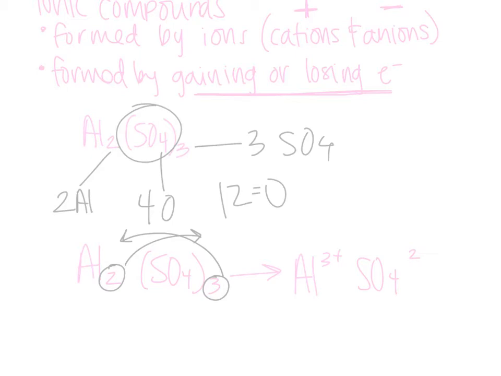So if you flip over your handy dandy periodic table, you'll see the important polyatomic ion chart. And if you go down to the 2s, you will see SO4, and that is the sulfate ion, and it has a charge of 2 negative. So we double checked ourselves and we were able to figure out what the formula and the charges were for those.